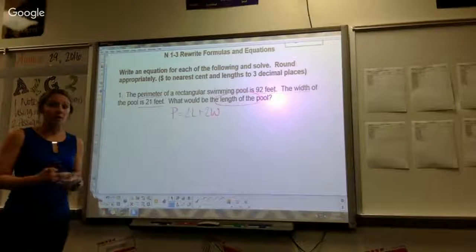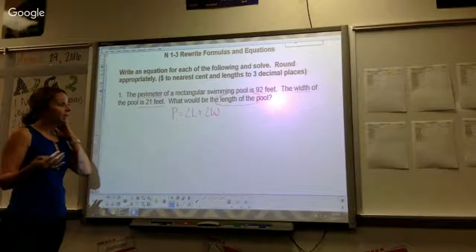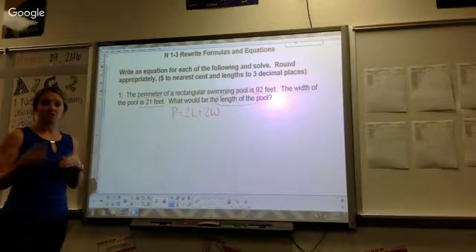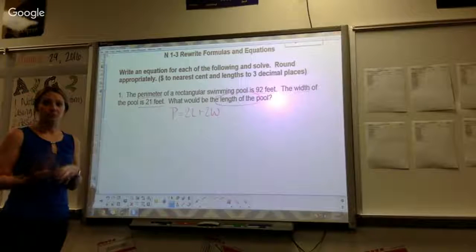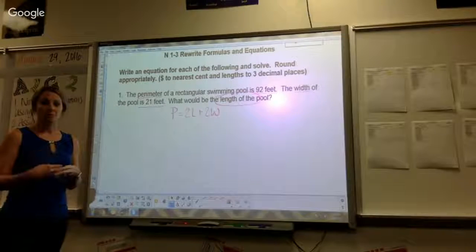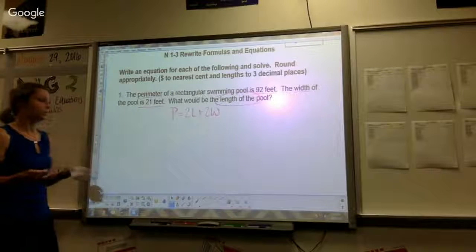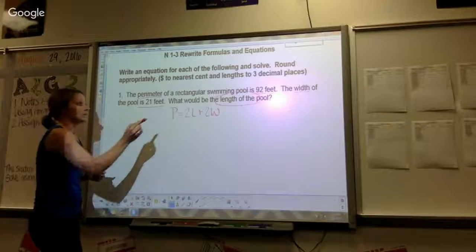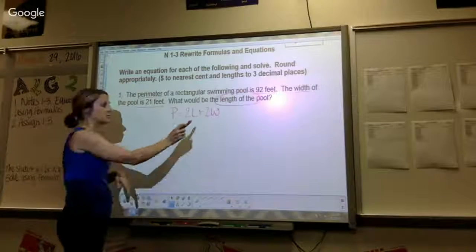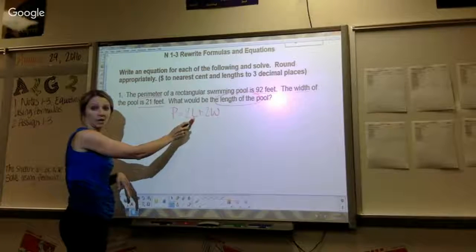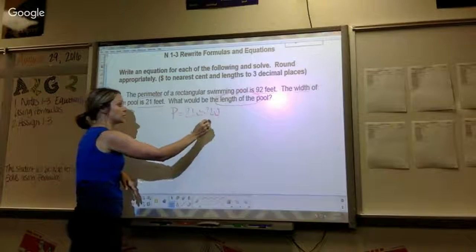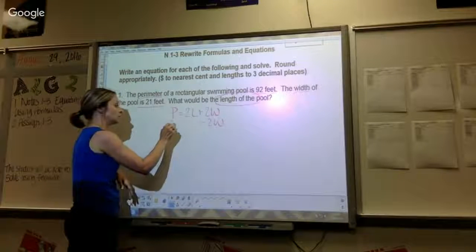Okay, so before you plug in numbers and solve, I want you to actually solve for the variable that you're trying to find first, then plug in the numbers, because you need to practice with having multiple variables and solving for one. Okay, so I notice I circled length, so we're trying to find length. So I want to get L by itself. So first step would be to subtract 2W.